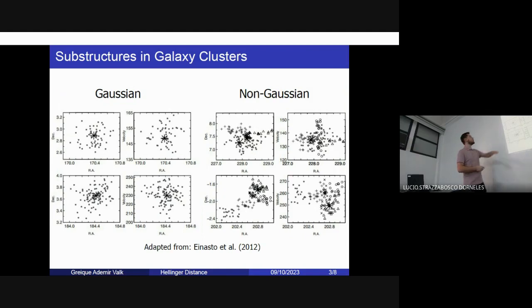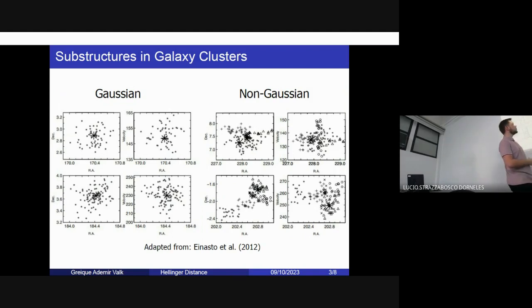In this figure here, we can see 2 Gaussian clusters where the galaxies follow a Gaussian velocity distribution, and we cannot see substructures. But in these 2 cases here, we can see that the galaxies are separated into minor substructures here, and here.